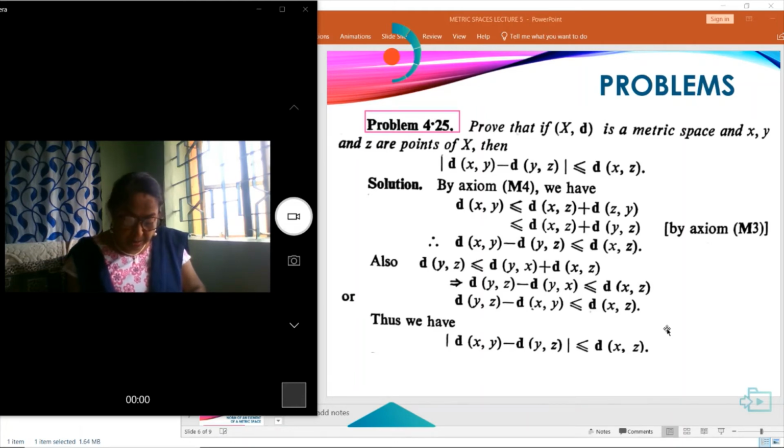Combining these two, we can say that the modulus of d(x, y) minus d(y, z) is less than or equal to d(x, z).